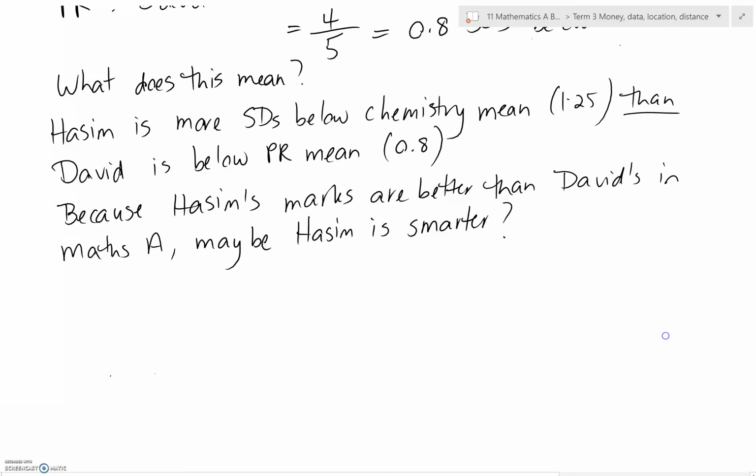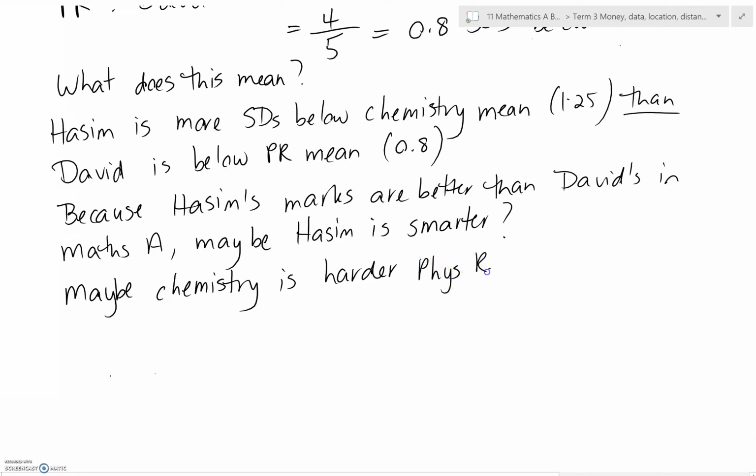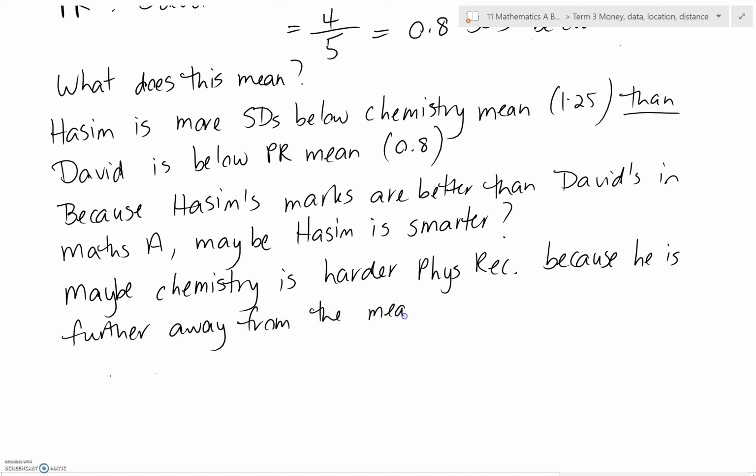Anyway, we could also possibly say maybe chemistry is harder than physical recreation as a subject, and maybe we think this because Haseem's mark is further away from the mean than David's in physical recreation, and we know that maybe he's smarter because he got a higher mark in Maths A.